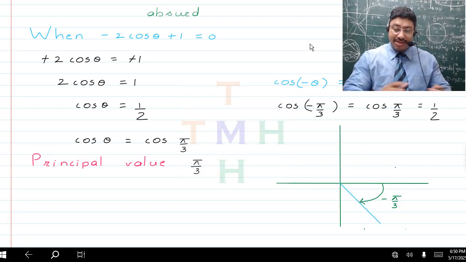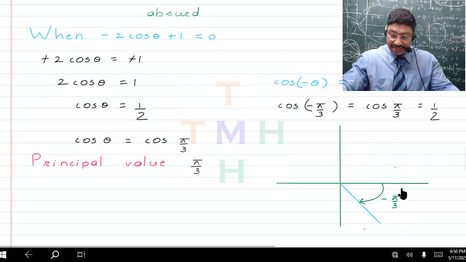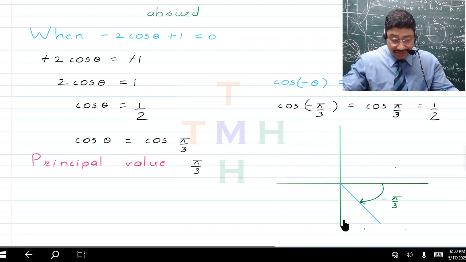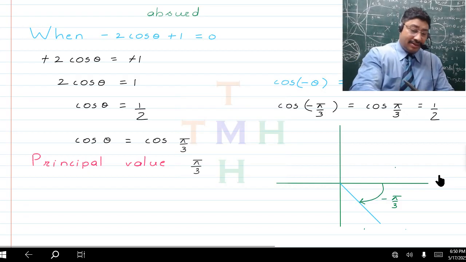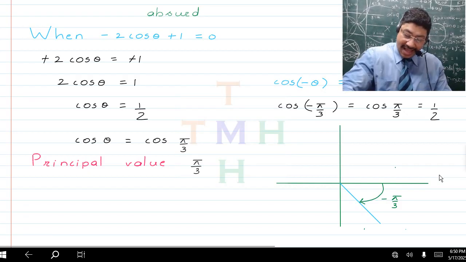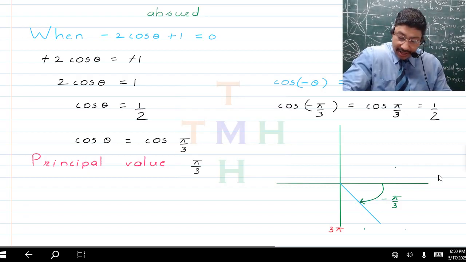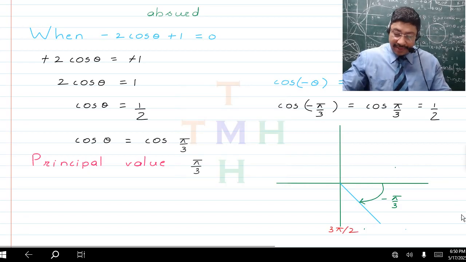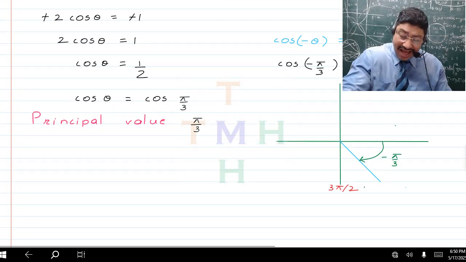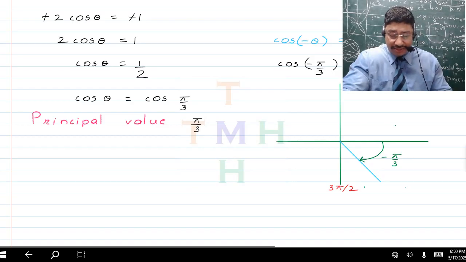There's one thing that you can see: this angle which has been got by moving in the clockwise direction is 60 degrees, and if you move in the anti-clockwise direction, this angle you know as how much? 3 pi by 2, right? And to it, if you add 30 degrees, as this angle is already 60, you will be able to get to this angle.